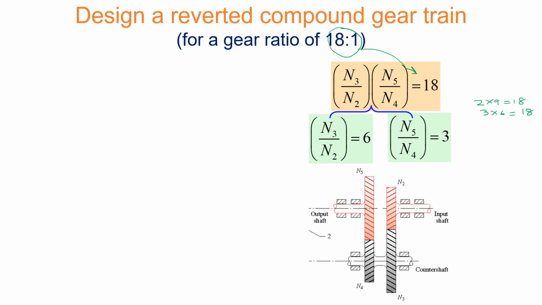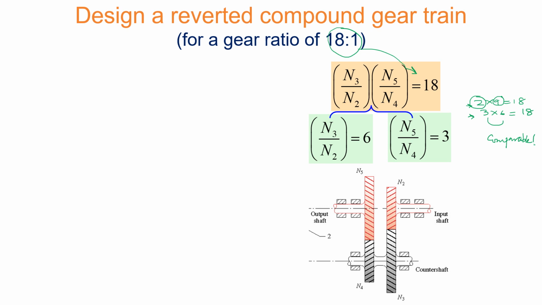When you compare these two options, you would obviously see that over here you have some smaller gear ratio selected, and this one is a bit bigger than the earlier one, and these two are comparable. So that's why you would opt for this combination. When you take that into account, you would say that N3 over N2 can be 6, and N5 over N4 is going to be equal to 3.